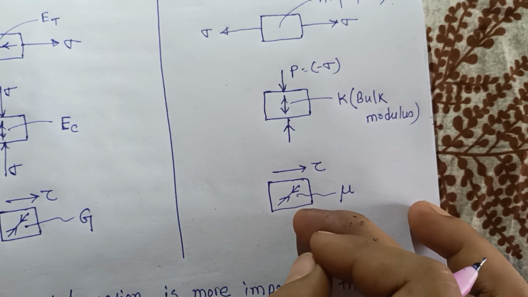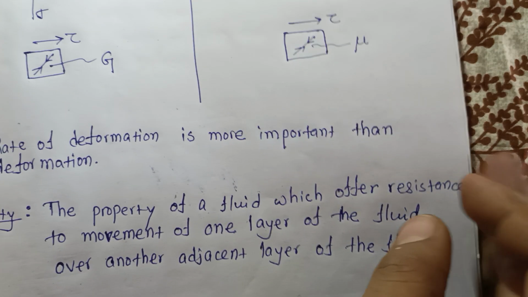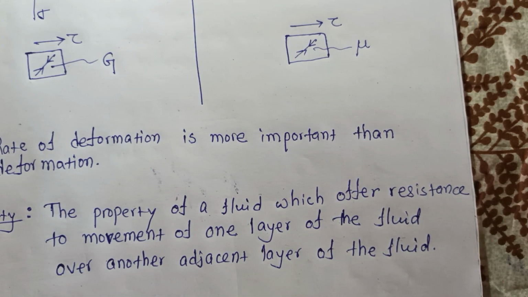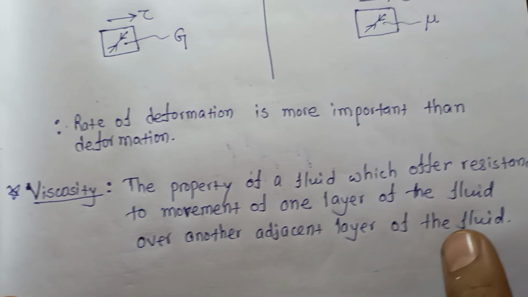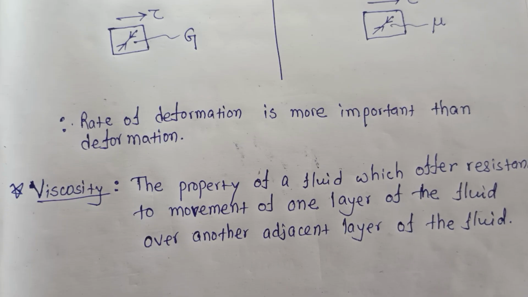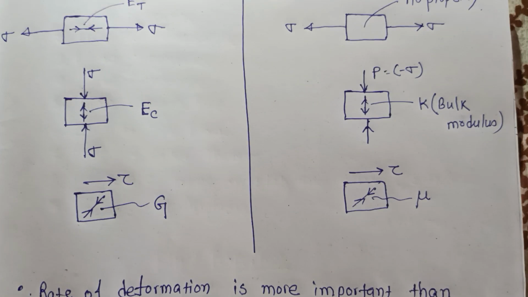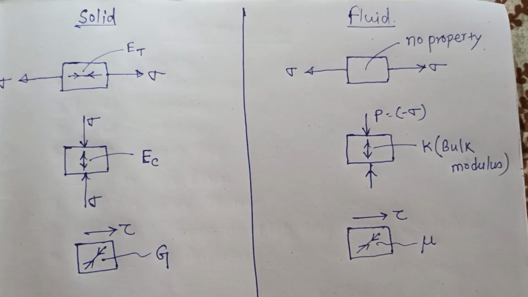But the property, viscosity, is observed in fluid motion, that is very, very important. So this is about the basics of fluid mechanics and the difference between solid and fluid, very, very important.